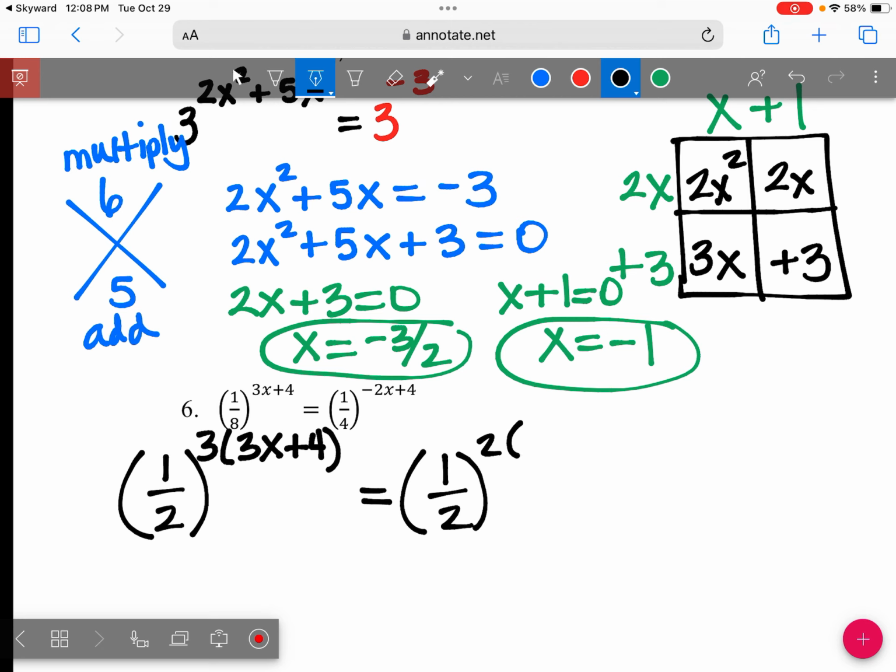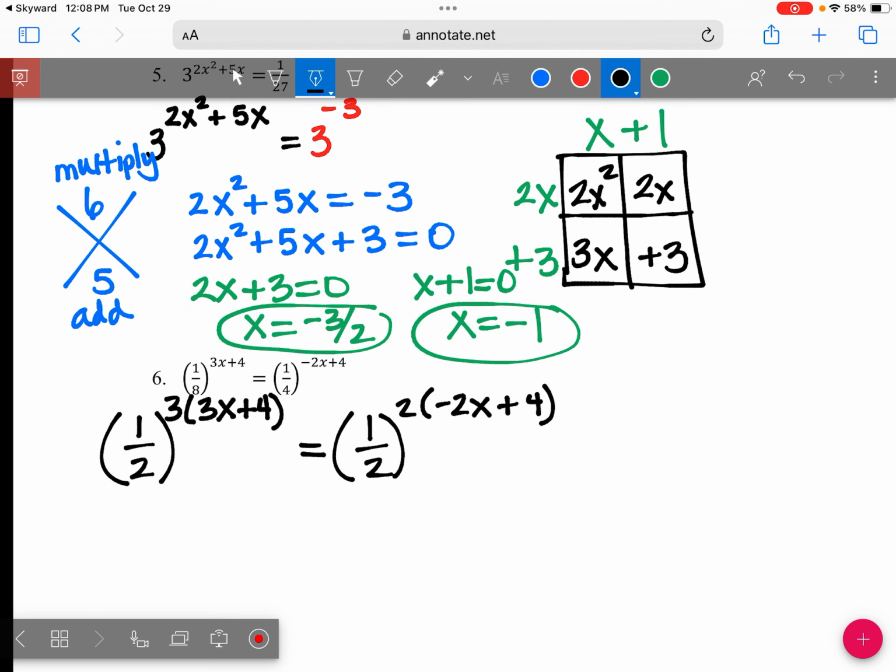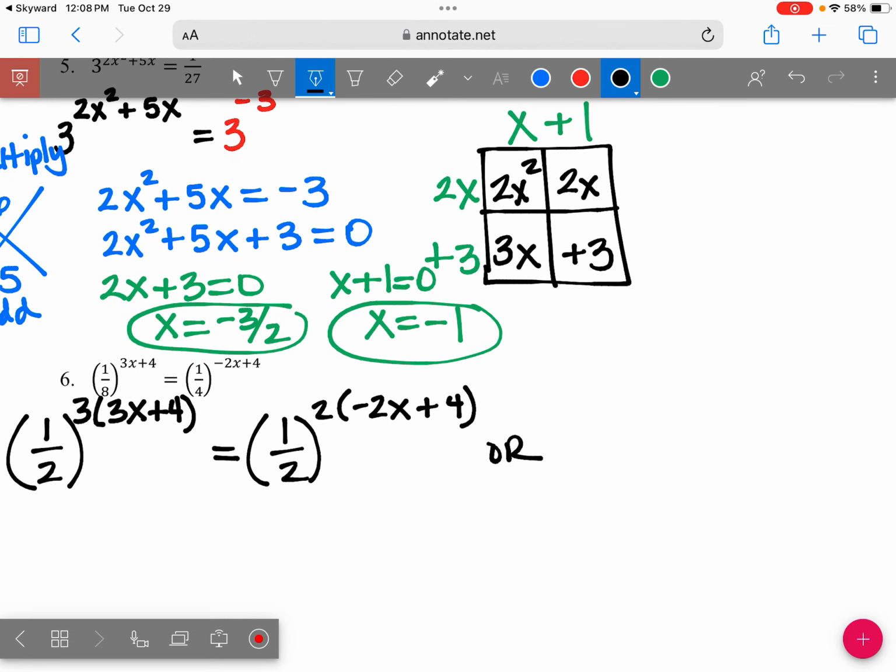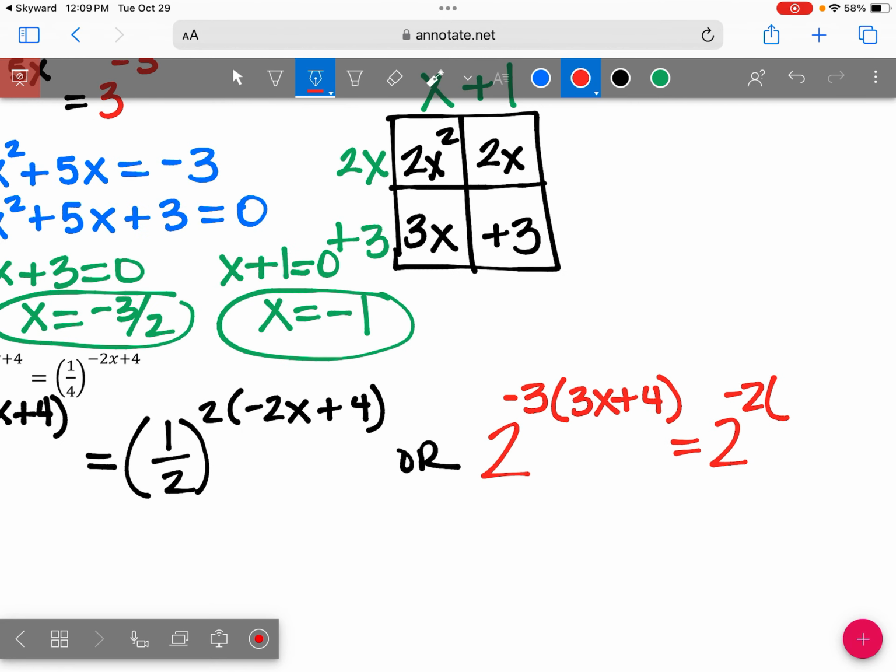That's one option. The other option would be to use a base of 2. And I'm not sure which one you would use, so I'm going to show you both. If you use a base 2, now your exponent would have to be a negative. So do you want to distribute a negative or not?